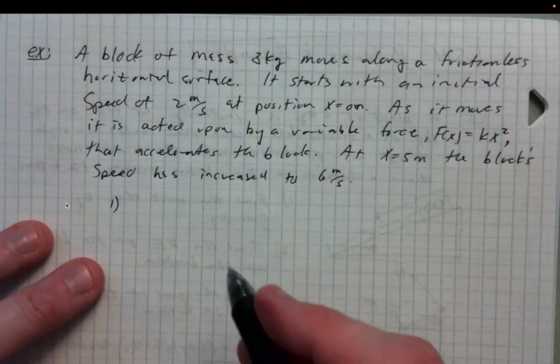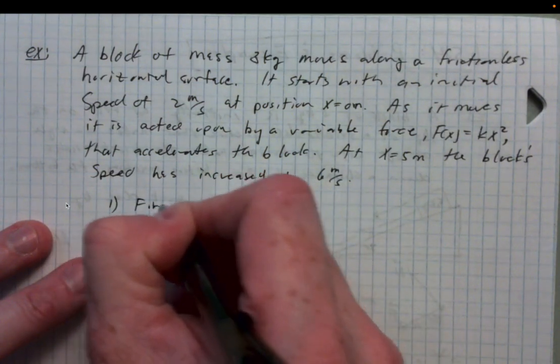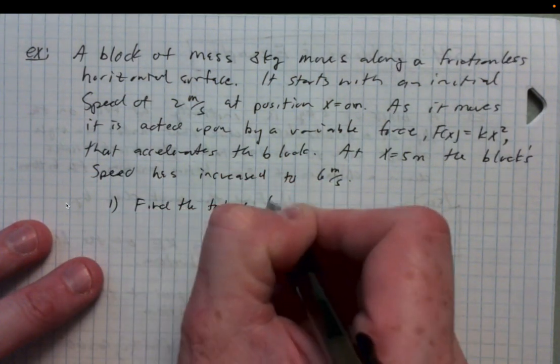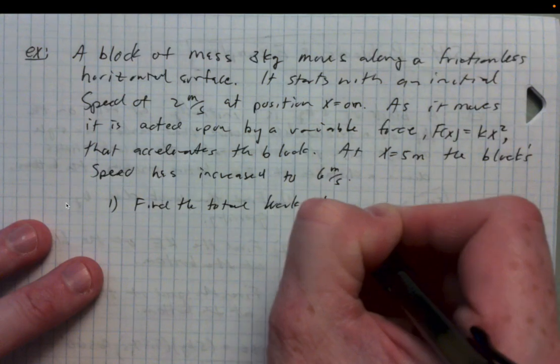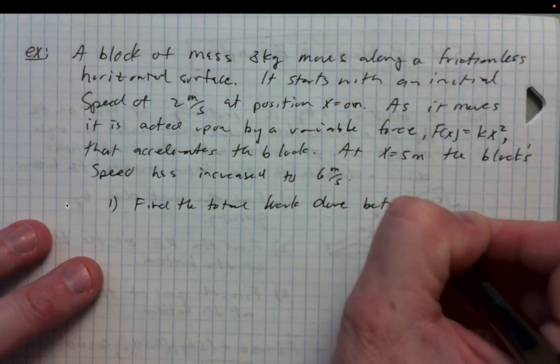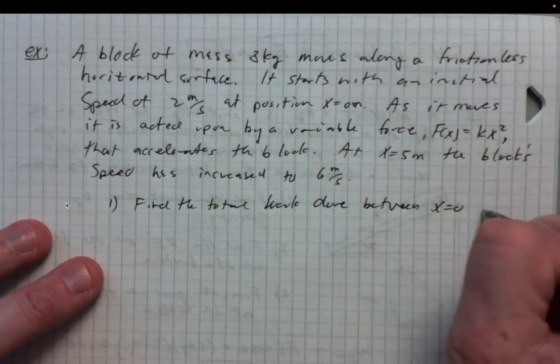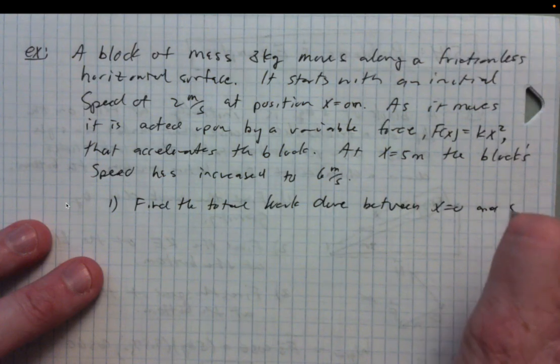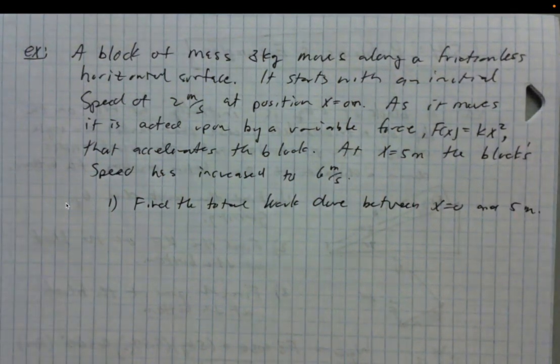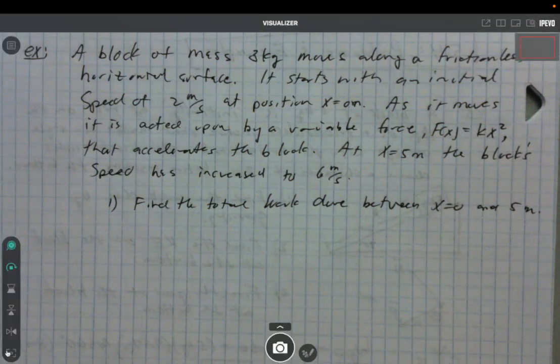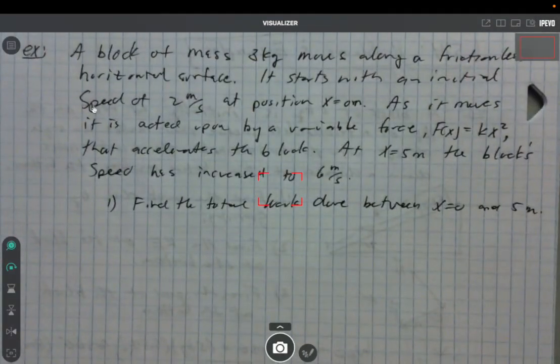One, let's find the total work done between x equals 0 and 5 meters. So the displacement is 5 meters, right? Let's figure out what the total work done over that interval is.